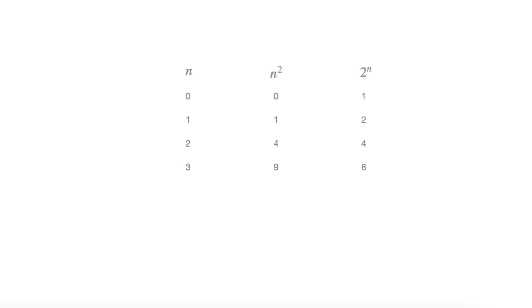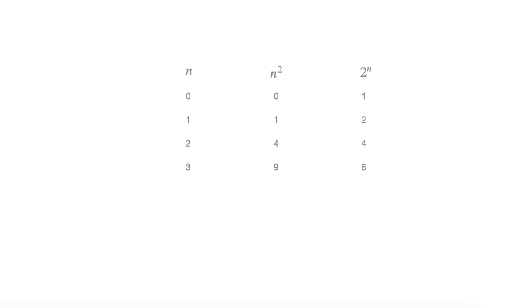And as you can see out here, we start out with 2 raised to n being greater than n squared, and then it becomes equal, and then it actually becomes less than n squared, right? So we might say, okay, as we increase the value of n, maybe beyond 3, 2 raised to n is smaller than n squared. Maybe, maybe not.